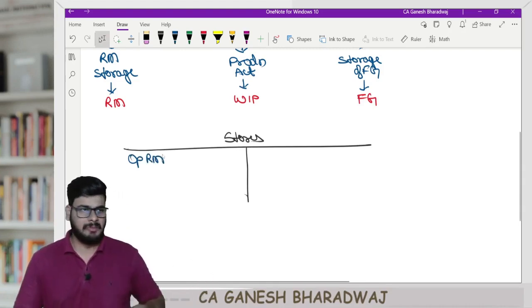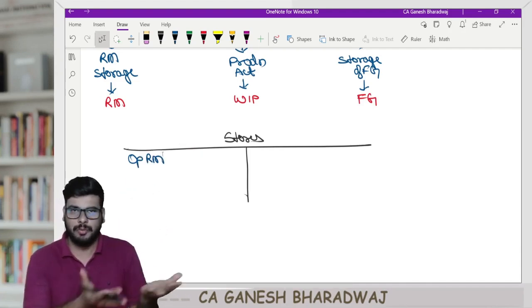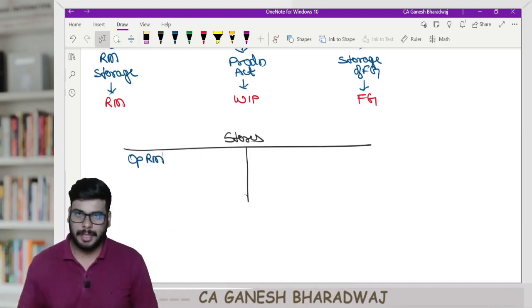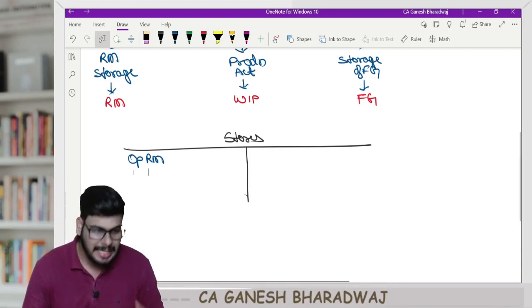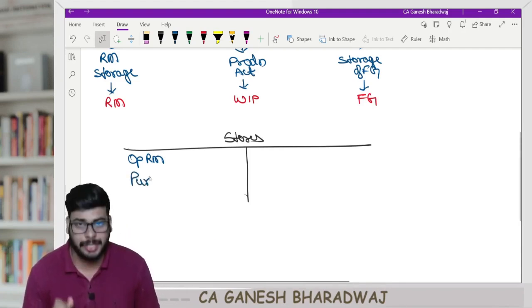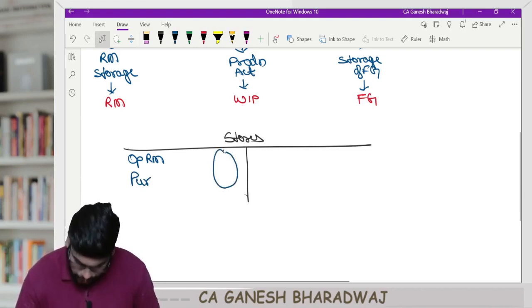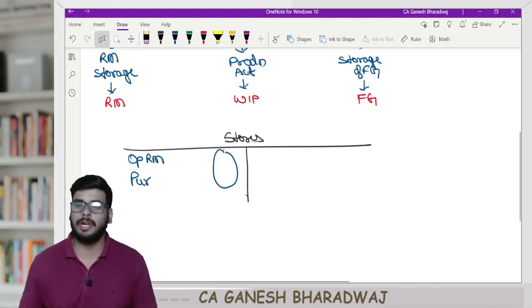Whatever I purchased in the previous period and didn't consume will lie as opening stock. Now, on top of this, in the current period, I would have made some purchase of raw material. This is the total raw material available for consumption.